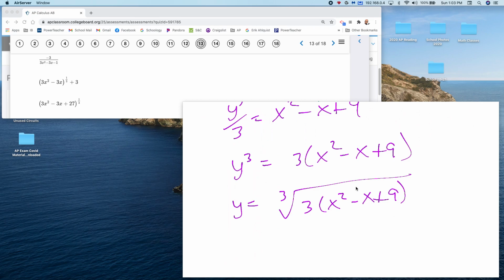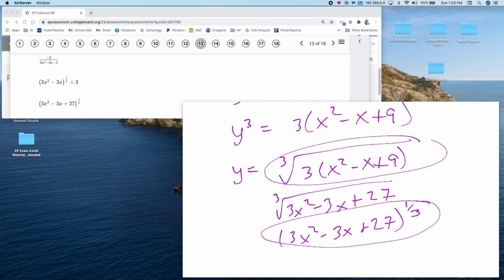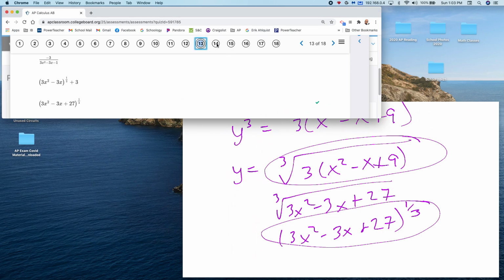I mean, this last one is the cube root of 3x squared minus 3x plus 27. And instead of writing a cube root, it's to the 1/3. So you have to recognize that these are the same answer. And so that's clearly going to be our right answer on that one.